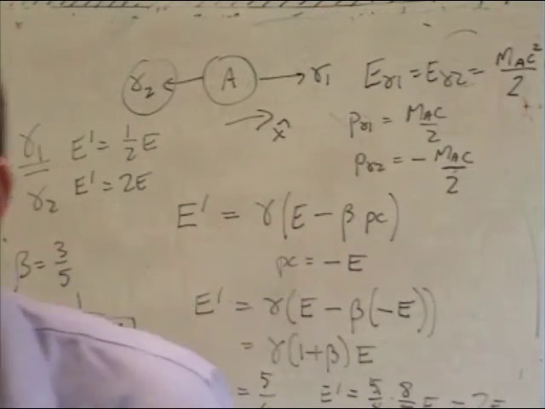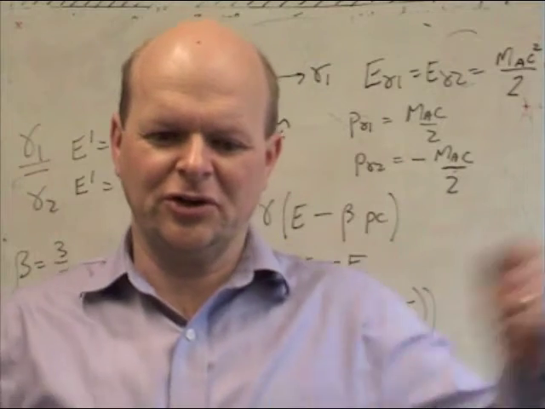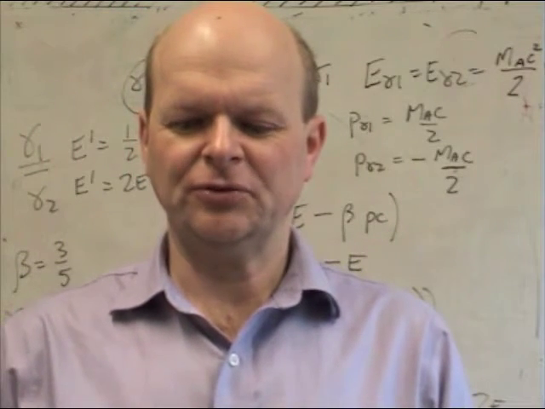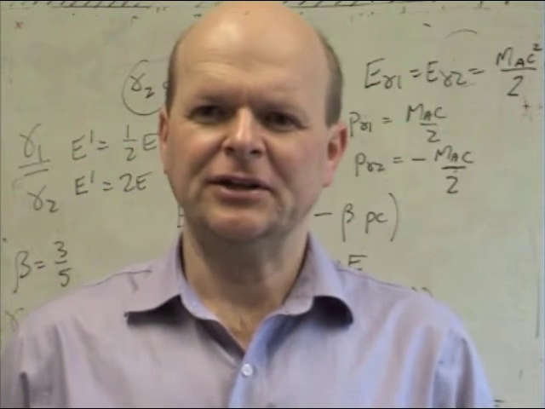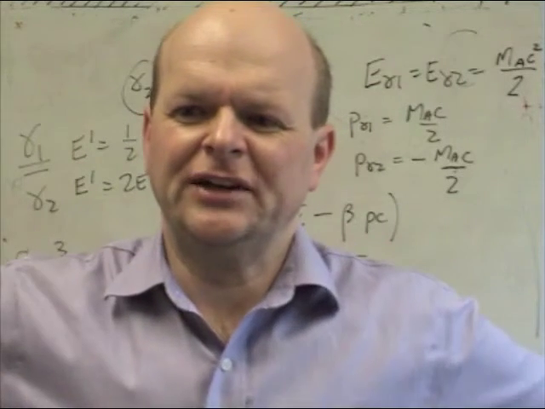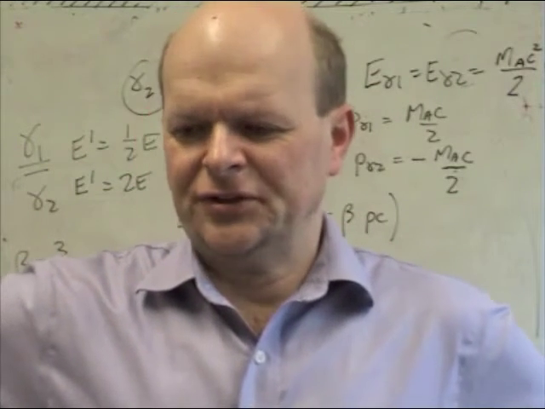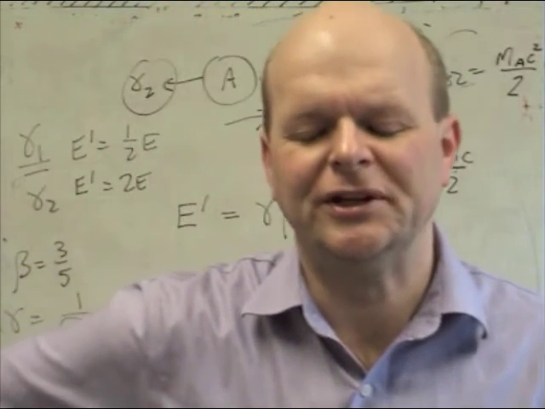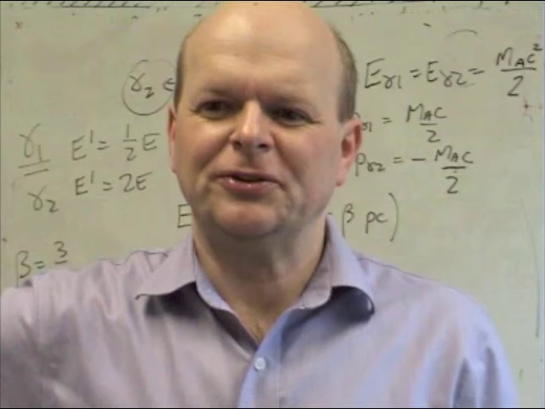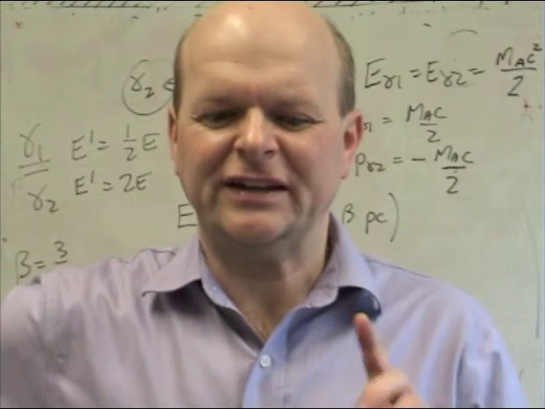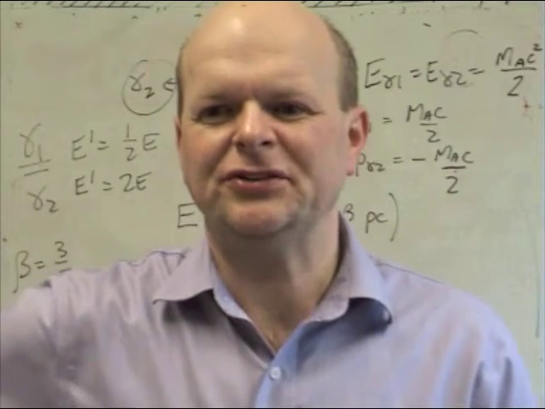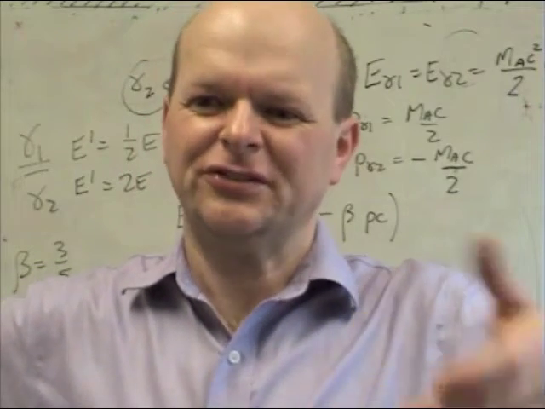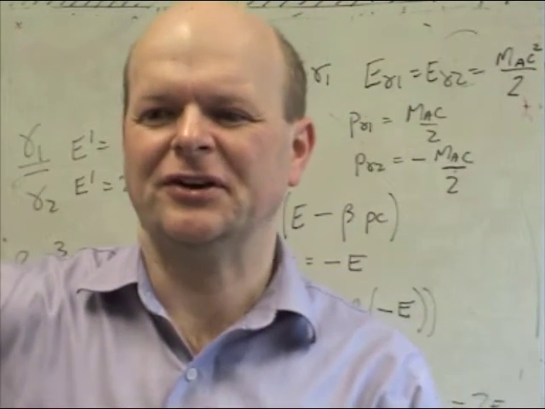If you imagine that you've got two photons, one going in one direction, one going in the other, with respect to a stationary particle at rest, if you move to a different velocity, then one of the photons is going to increase in energy by a factor of the square root of 1 plus beta over 1 minus beta. That's from the Doppler shift formula I taught you in year 1. The other photon's Doppler shift is going to be the same numerical factor, except there's going to be a sign change on the beta. So you get square root 1 minus beta over 1 plus beta, which is the reciprocal of the modification of the other photon.